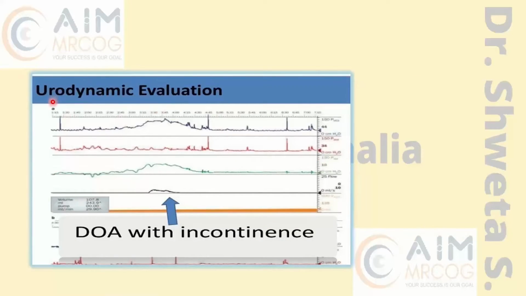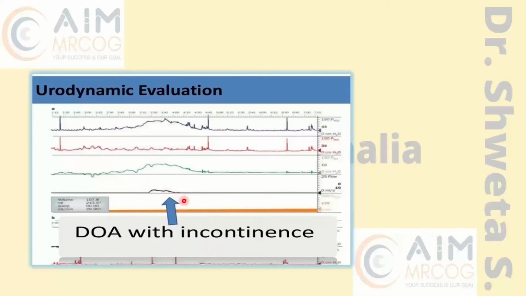Now, if you see this one here, this is the vesical pressure which is rising, and this is the detrusor pressure which is rising, and abdominal pressure is not rising. So there is rising of detrusor, rising of vesical, and there is leak. This is the leak. See, this small minute thing also you have to notice, because if it is not there, I will label it as detrusor overactivity, and if the small leak is there, I will label it as with incontinence.